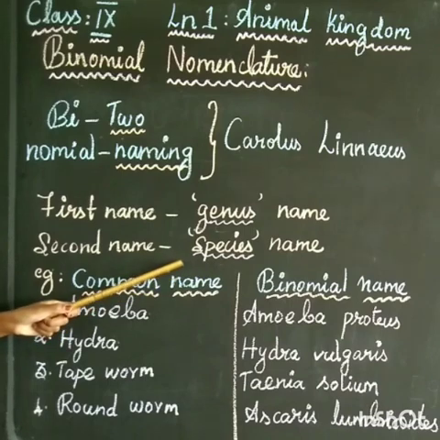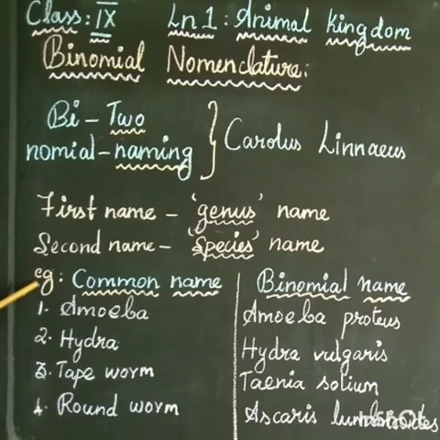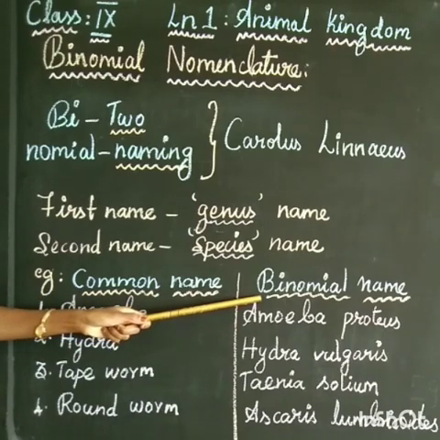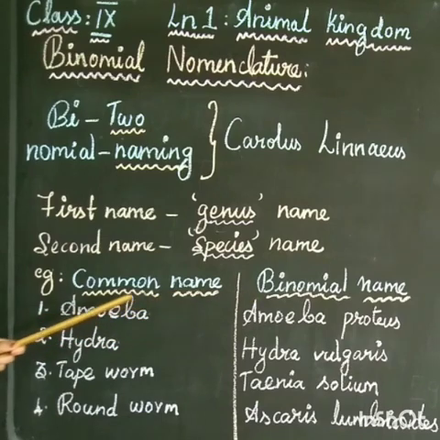We can see some examples, then we will be clear. I will give you a table. On the left side is the common name, and on the right side is the binomial name. The first one we are going to see is amoeba.